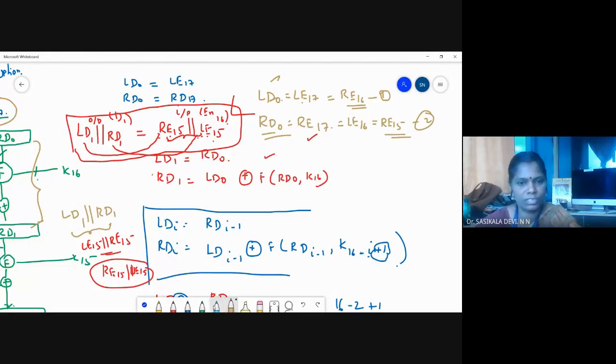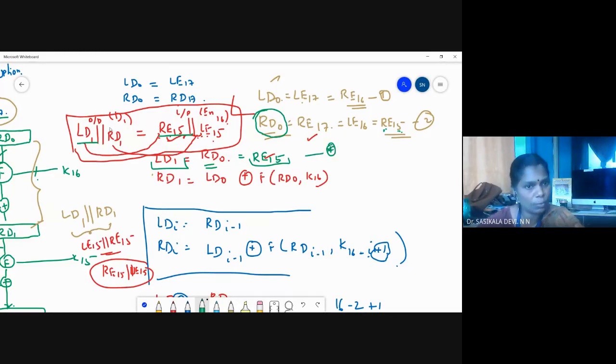What is RD0? We already took the proof: RD0 is nothing but RE15. So now LD1 is equal to RE15. That is actually proved here. The first part is proved.